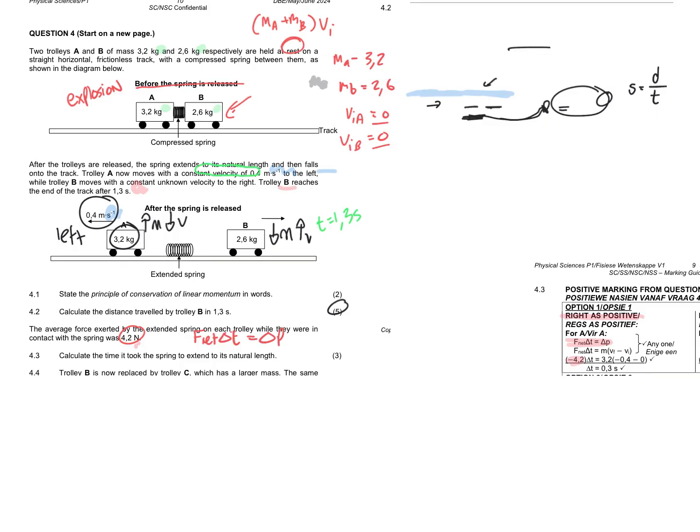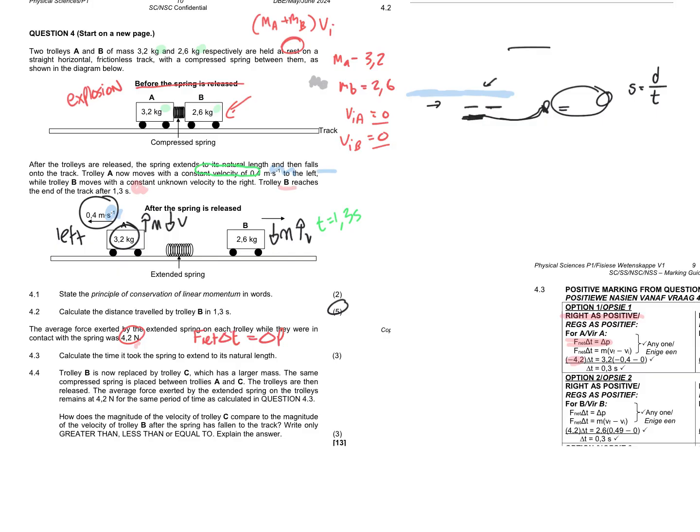This last little question is an explain question, which is maybe a bit bad, for 3 marks. So let's just read through it quickly, or let me read through it. Trolley B is now replaced by trolley C. So this guy over here is replaced with trolley C, which has a larger mass. And the trolleys are released, and you get the same force as for 4.3.